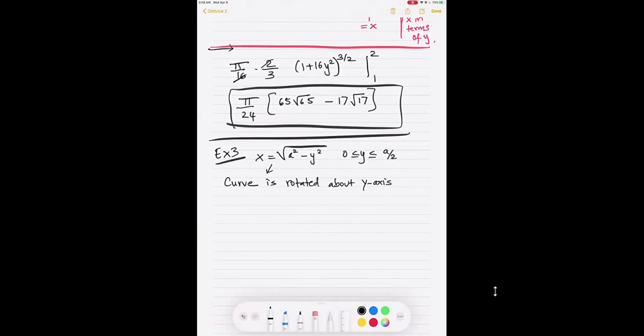And find the surface area. It says find the exact area. So I want to say this. When it says find the exact area of the resulting surface, translation: find the surface area of the solid.